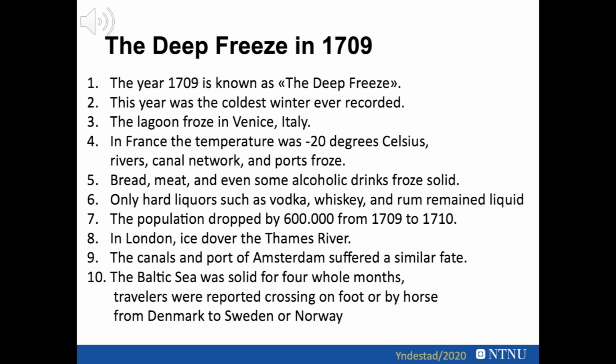In France, the temperature dropped below minus 20 degrees Celsius, and rivers, channels and ports were frozen in the whole of Europe. The population dropped by 600,000 in France. The Baltic Sea froze solid for 4 months. Travelers were crossing by foot or by horse from Denmark to Sweden and to Norway.